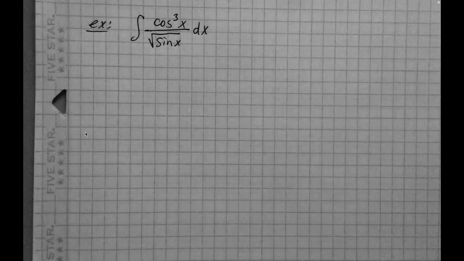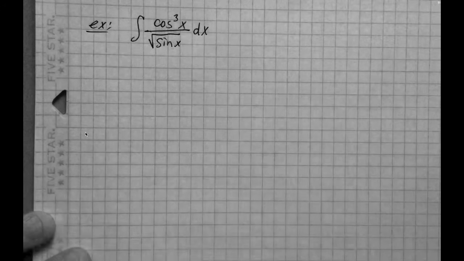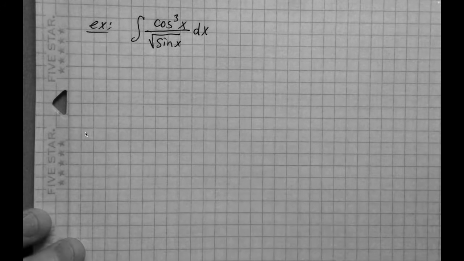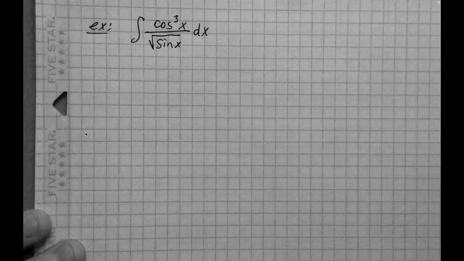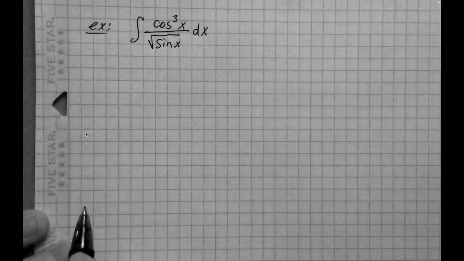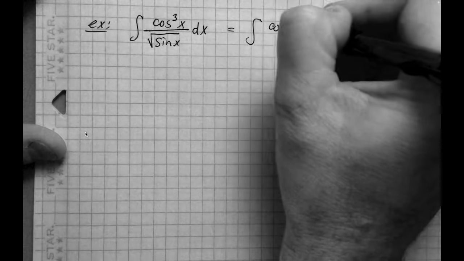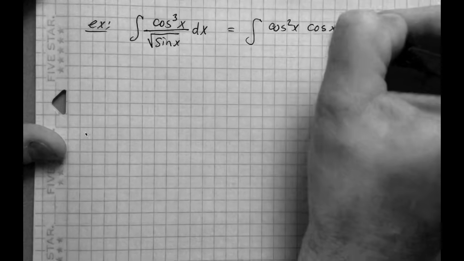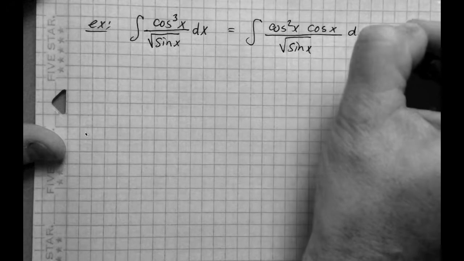So again, notice here that the cosine is raised to an odd positive power, so we can employ this strategy number 2. Let's go ahead and do that. So we'll write cos squared x times cos x all over square root of sine x.